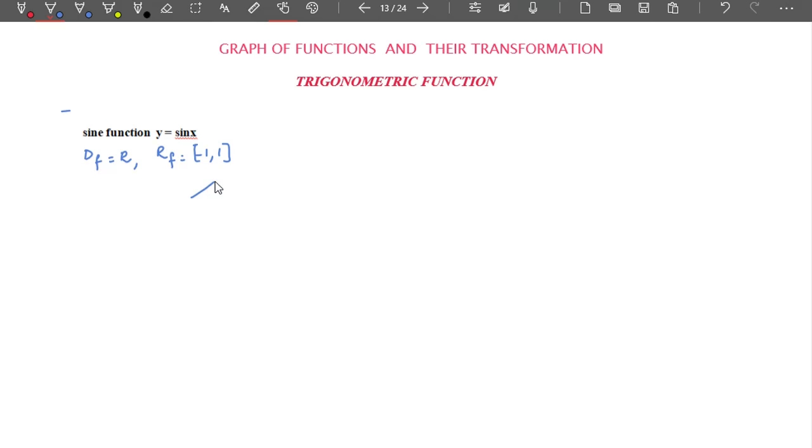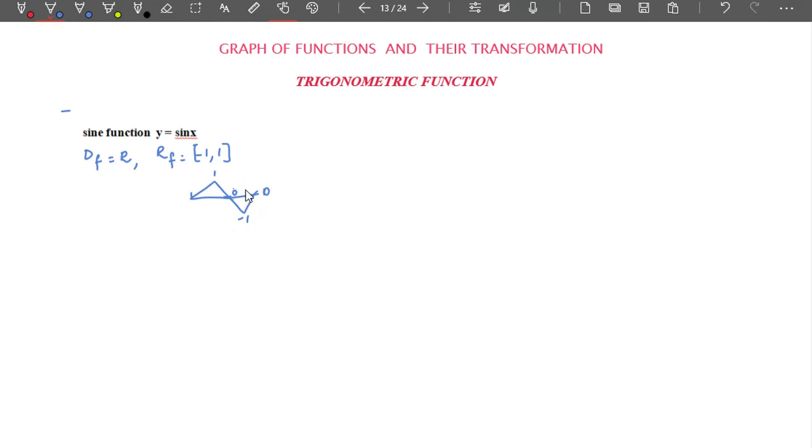Then it goes to 1 at pi by 2. It goes to 0 at pi, -1 at 3 pi by 2, and then 0. So this is the value of the sine x.